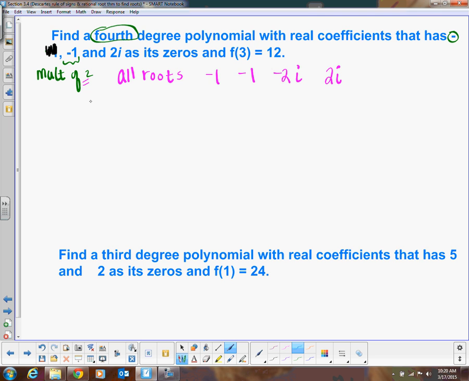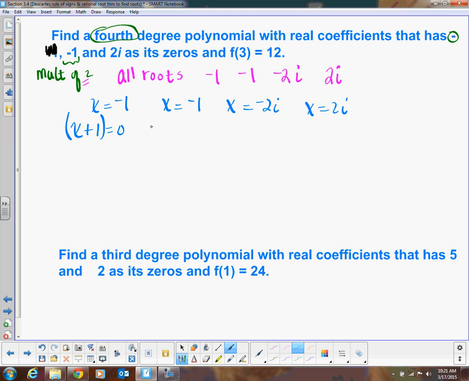Those were your answers. In other words, it was x equal negative 1, x equal negative 1, x equal negative 2i, x equal 2i. Now what do we do? What's your next step? You have to add the 1, so you have got 0. There's one of the factors.